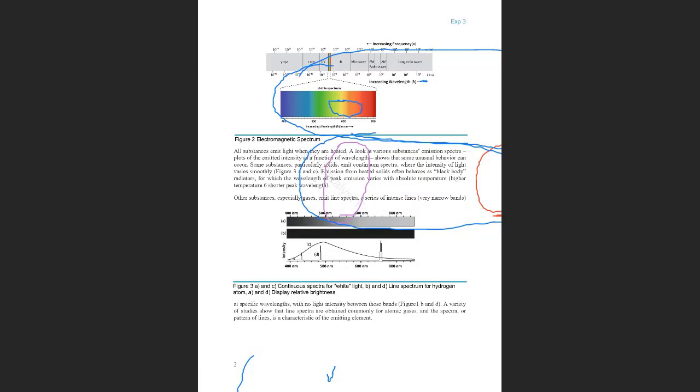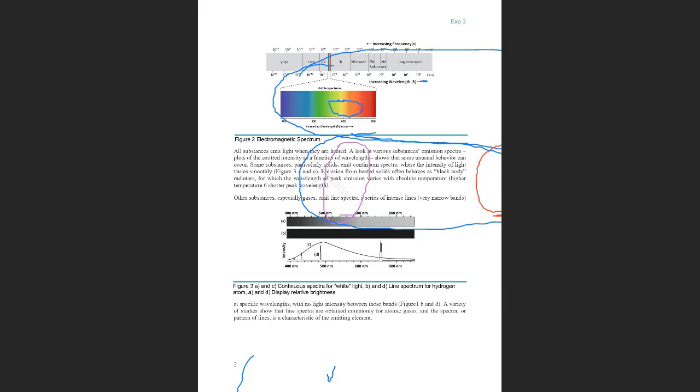And you see that at each wavelength we have a specific intensity. So that is called a continuous spectra. And the intensity of the light varies smoothly.